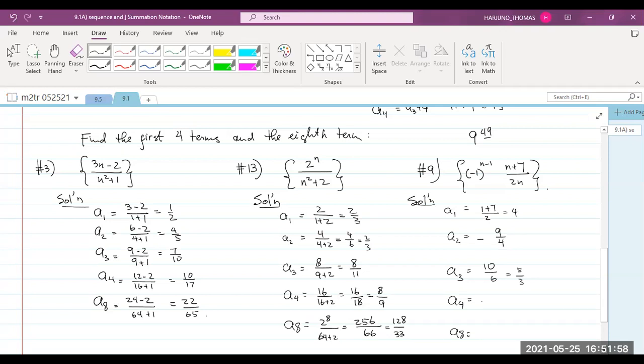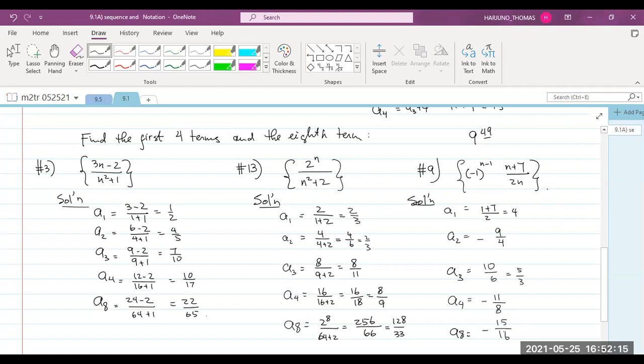And then negative 11 over 8, and the 8th term will be negative 15 over 16. I think that's easy enough, right?